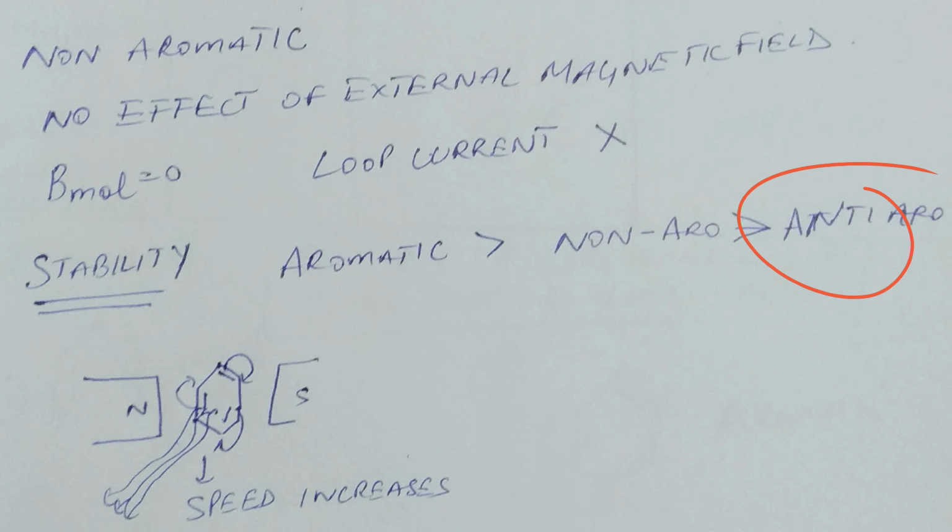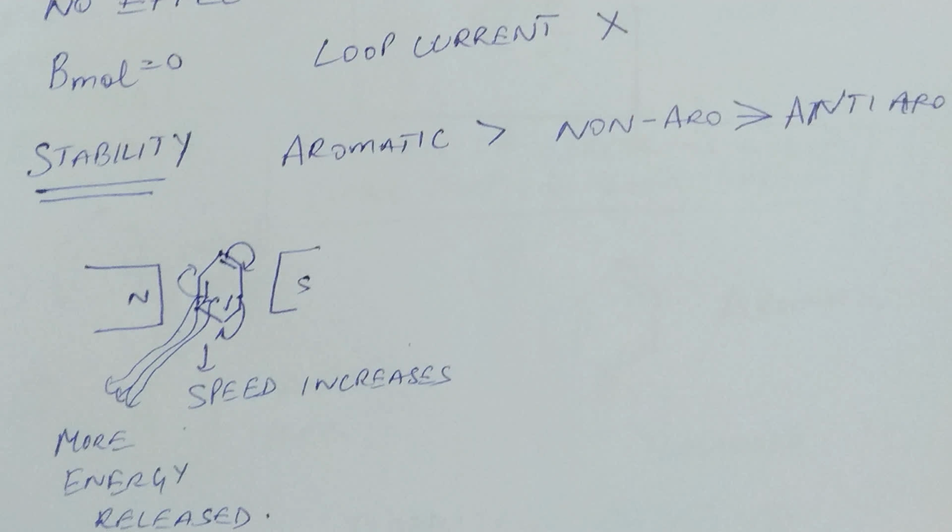So this is very simple to think about why it is so. For example, if we put an aromatic compound in an external magnetic field, there is a magnetic field of its own molecule in one way, suppose from north to south, and we are putting the external magnetic field in the north to south direction as well.